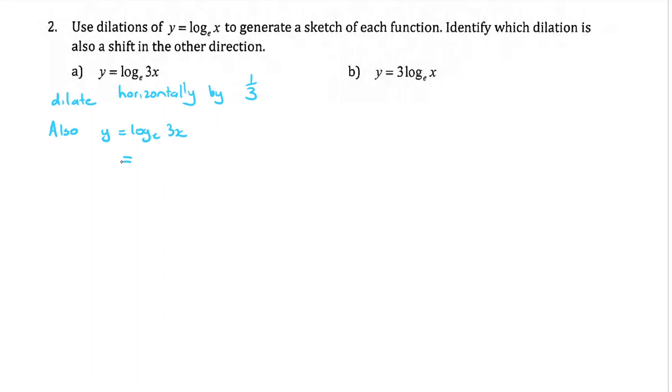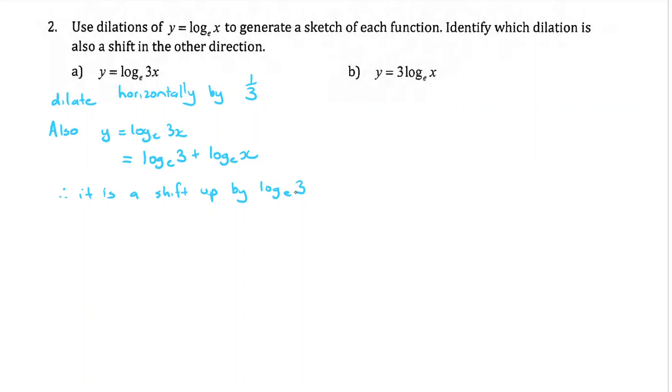Log of 3 plus log of x, because that's telling you that this dilate horizontally by a third is actually the same thing as the original graph and adding on log e of 3. Or in other words, moving it up log e of 3. They're going to be the same thing effectively. So therefore, it is a shift up by log e of 3.